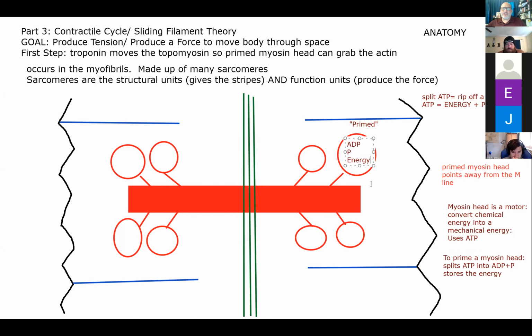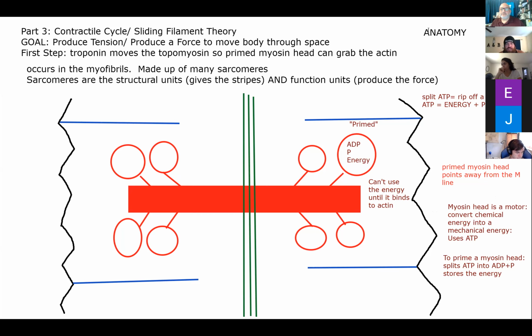But it can't use the energy until it binds to the actin. So primed, it really is cocked like that gun, ready to go off, ready to do work. Has that energy and it's ready to use it, but it can't use it yet until it comes in contact with that actin.